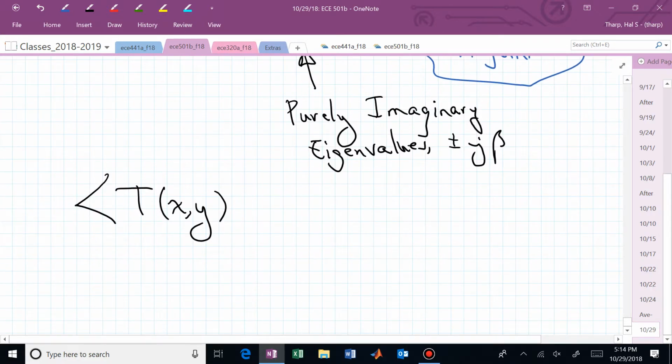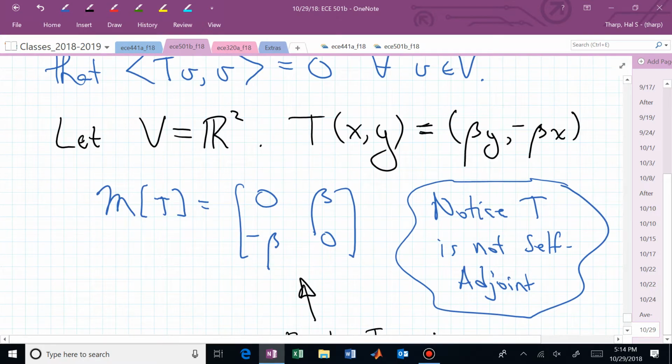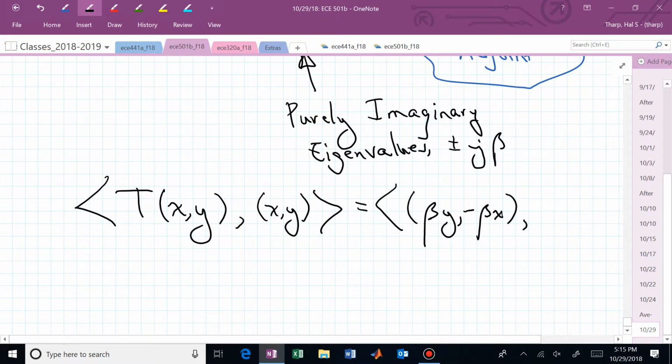So if we do that, here's T applied to (x, y), inner product with (x, y). But in this particular case, what is that? T of (x, y) I said was the vector, what did I say it was? It was beta y comma minus beta x. That's the output of T applied to (x, y). Let me plug that over here. So this is now beta y, and this is minus beta x. That's now in the first slot.